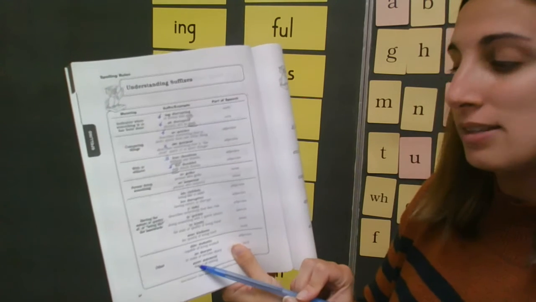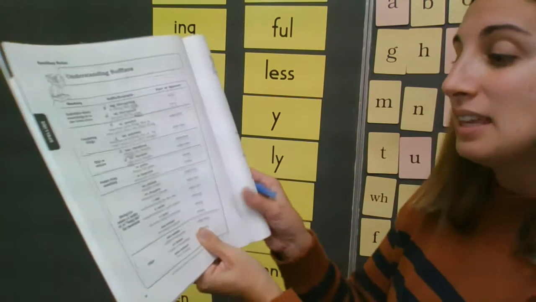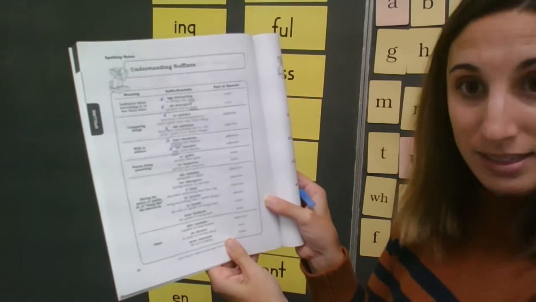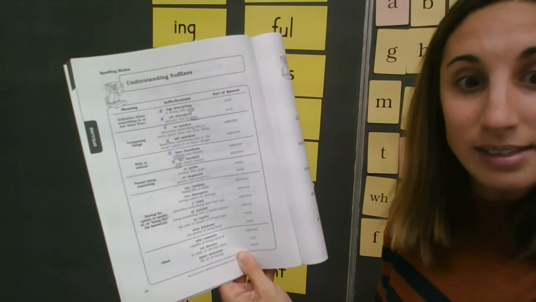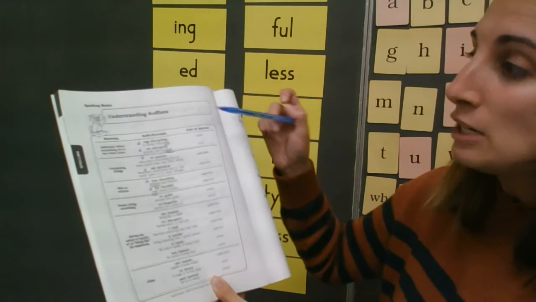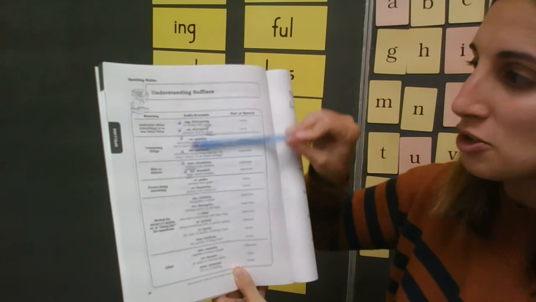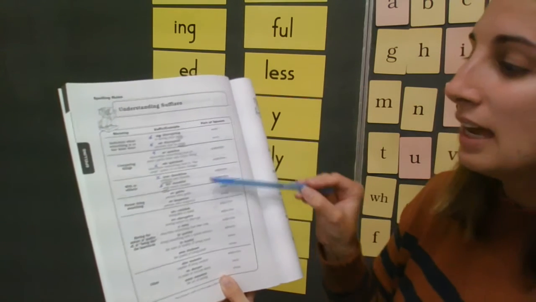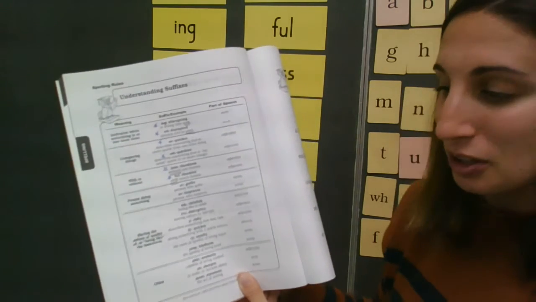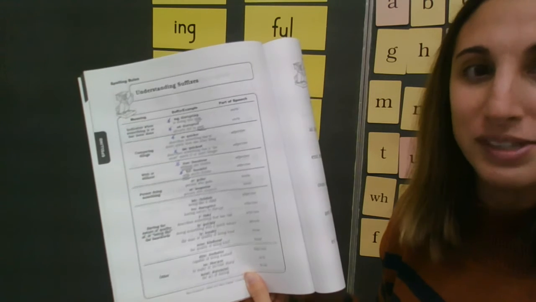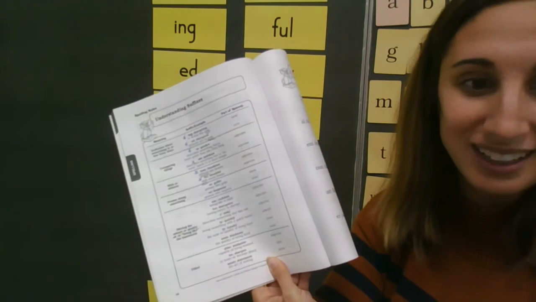And the last one is meant, M-E-N-T, right here on our board. Think of the word statement, the act of stating something. You're giving a statement. Okay, so page 34 is really good. The ones that I starred were ones that we learned previously, and then we just added some new ones today. Page 34 in your notebook is a really good resource if you forget what those suffixes mean while we're learning them this year.